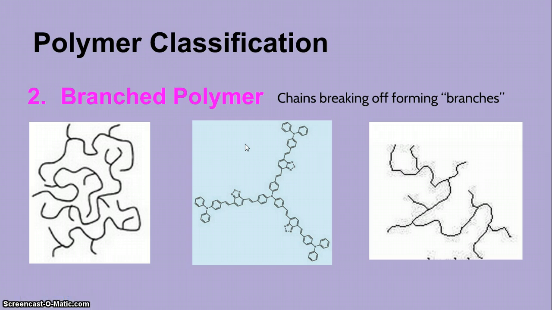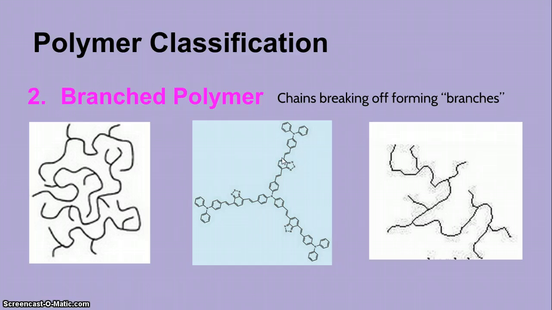If you'll notice in the pictures here, we have a long line that looks very much like a linear line and then branching off from it, just like a tree has branches, are these tiny little chains. Here you have a long line and branching off. These are examples of branched polymers.